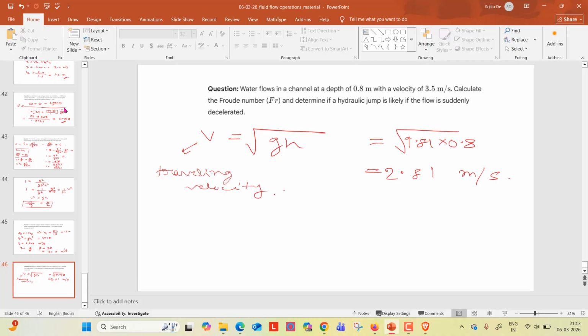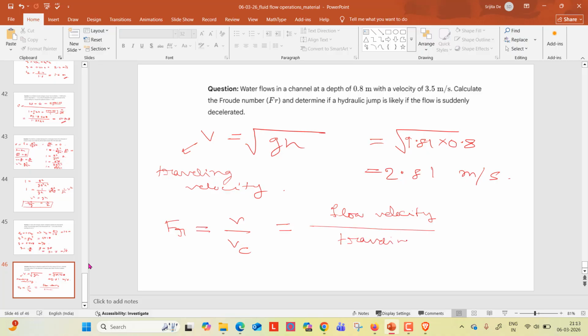So the Froude number definition is V by Vc, right? It is the ratio of the flow velocity to the traveling velocity.